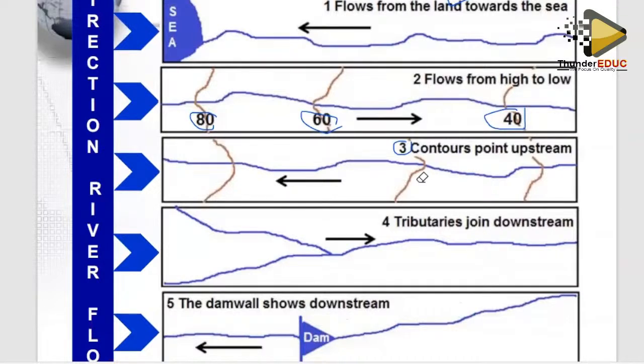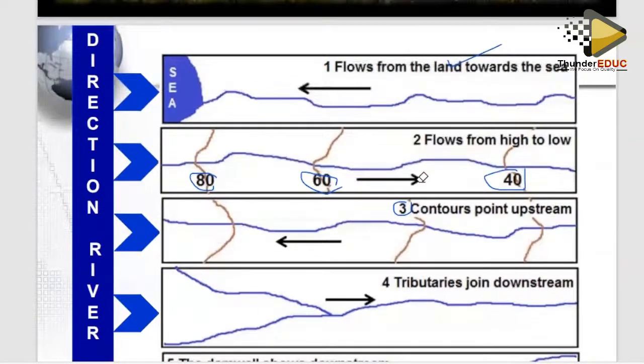Clue of the flow direction of the sea: if you are fortunate enough to have a map which has coverage of the sea area, the moment you see the river getting into the sea, automatically that means the river is flowing in that direction of the sea. And also where you see the contour lines decreasing in height, it automatically means it's from high area to low-lying area. That is where the river is flowing towards.